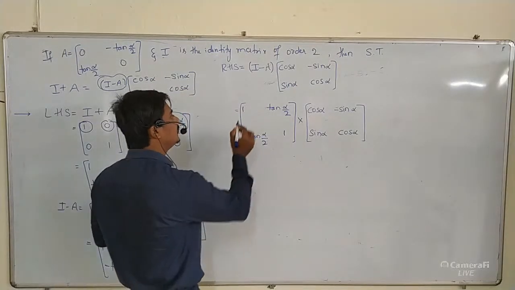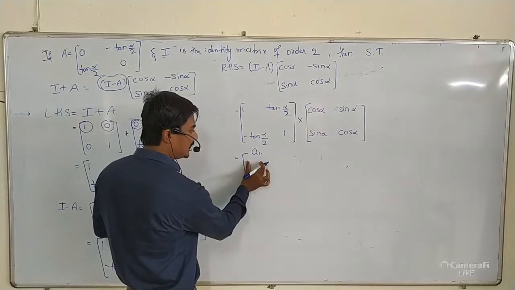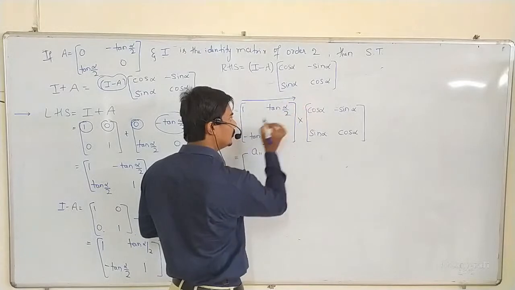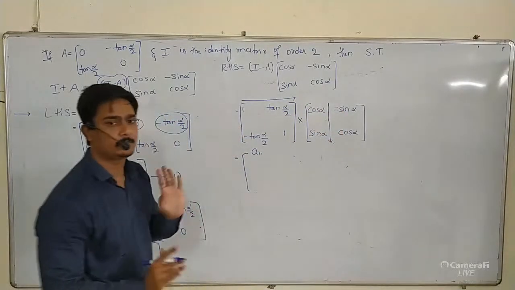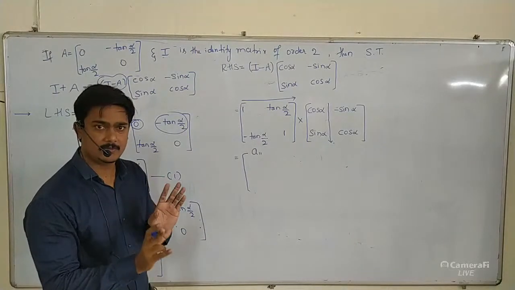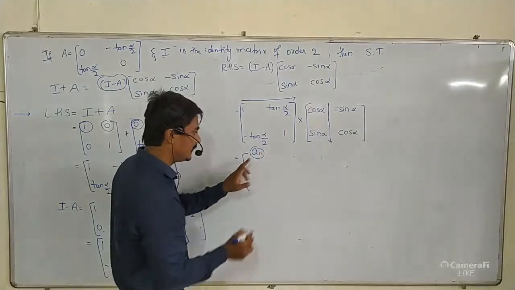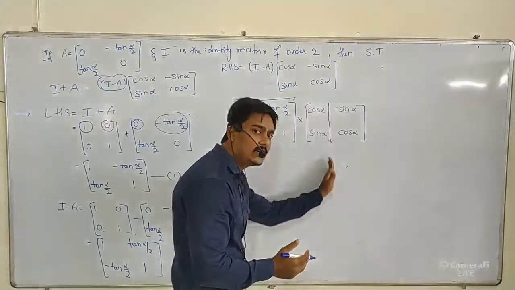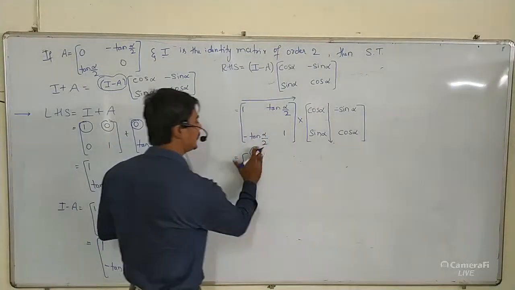To write down A11 of this product matrix, we need to multiply elements of first row with the corresponding elements of first column and add the products. I will repeat my sentence. To write down A11 of product matrix, we need to multiply elements of first row with the corresponding elements of first column and add the products.